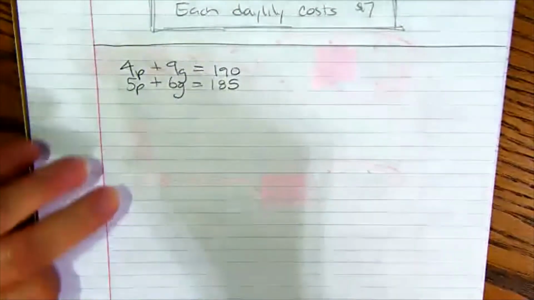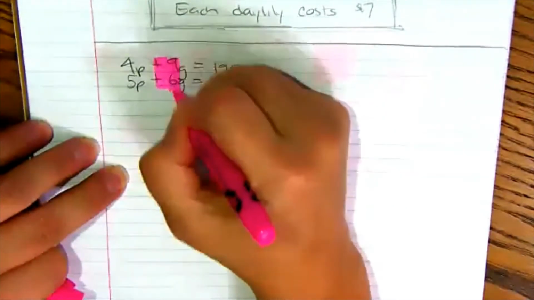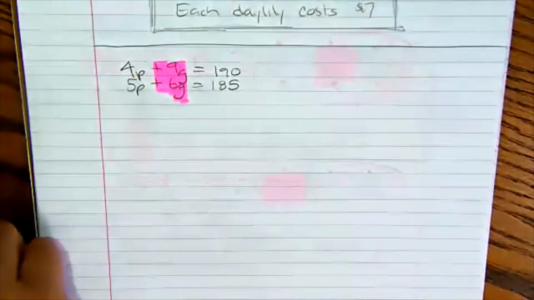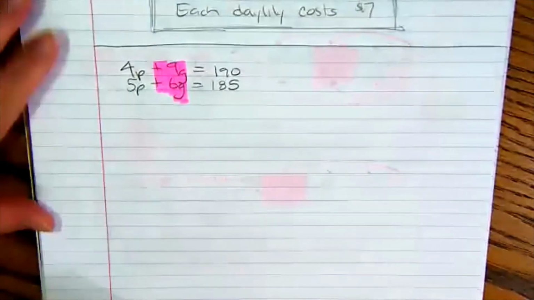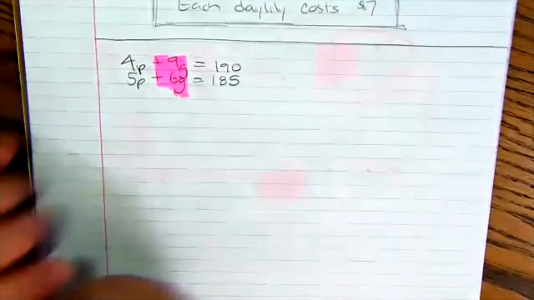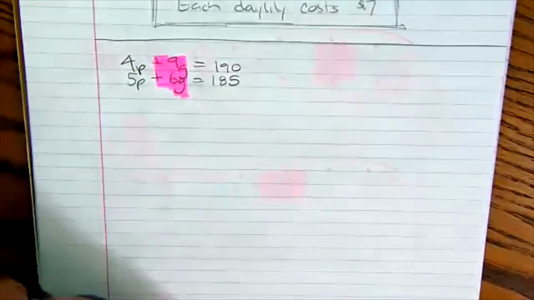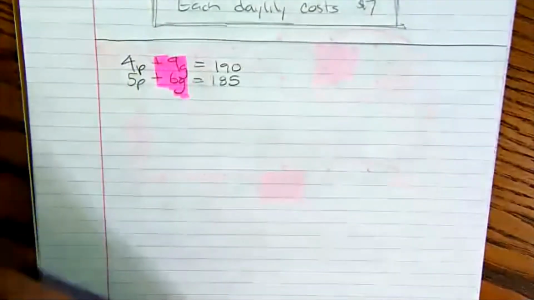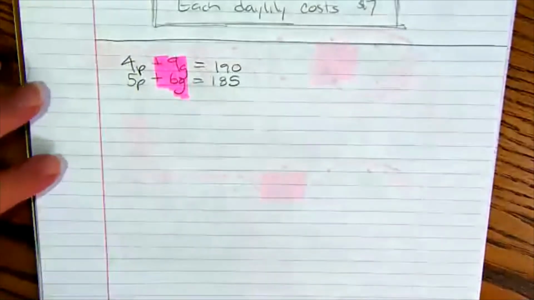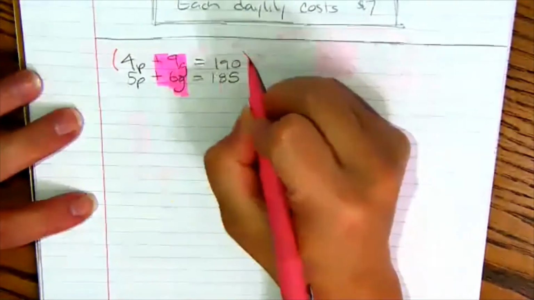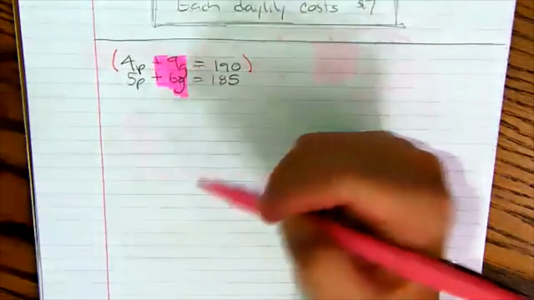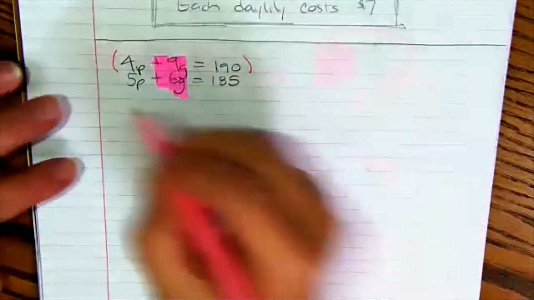And we want to know what the cost of each peony is. So we can get rid of or eliminate the geraniums. So to eliminate the geraniums, I need the least common multiple between 9 and 6. So I think that's going to be 18. So I need one of these to be positive 18G and the other one to be negative 18G. And it doesn't matter which.